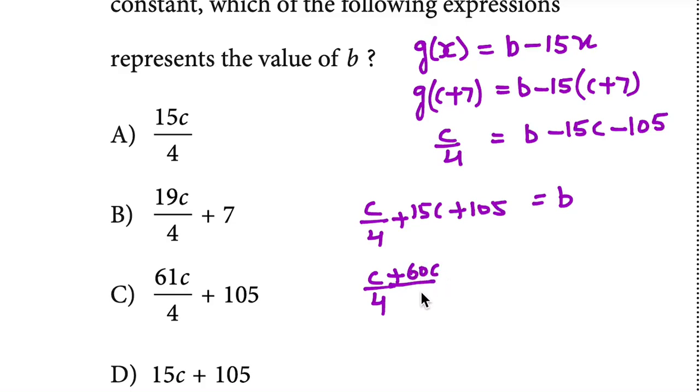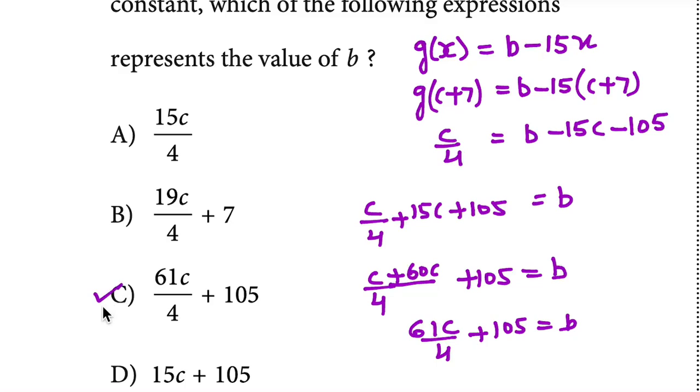If you are not comfortable with fractions, addition and subtraction, just comment and I'll make one video on that. Plus 105 is equal to b, so 61c by 4 plus 105 is equal to b, so C is the right option. Two very, very nice questions.